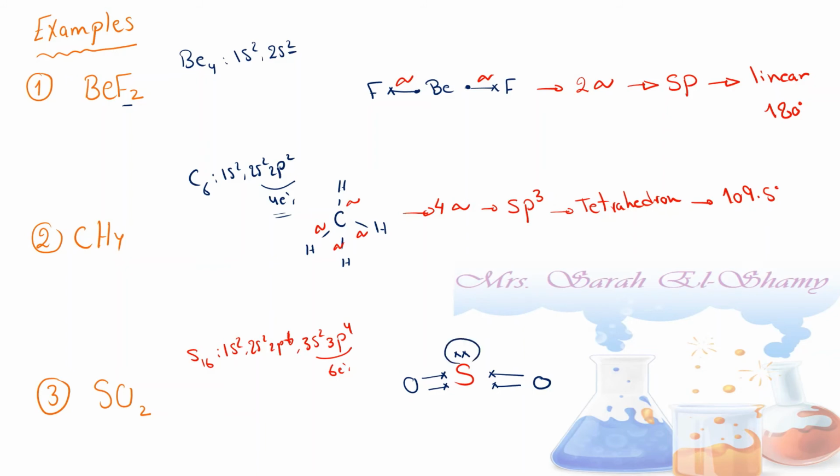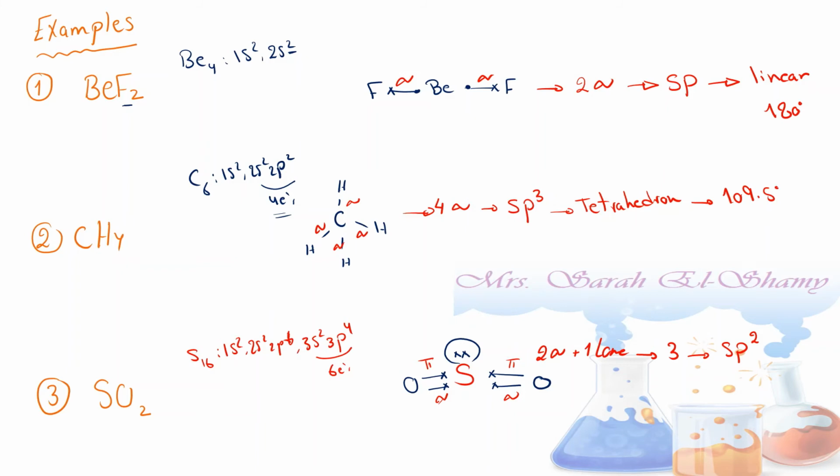Okay, let's start to count our sigma. Here the double bond, we said that we have 1 sigma and 1 pi. Okay, we need only the sigma. So here we have 2 sigma plus 1 lone pair. So the total will be 3, right? Okay, 3 means that we have sp2.